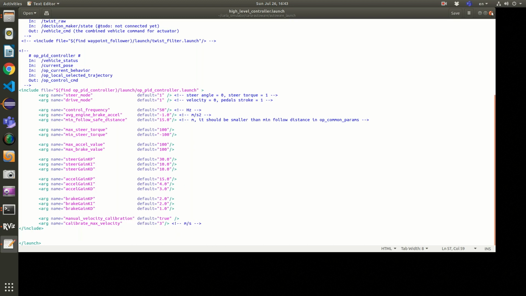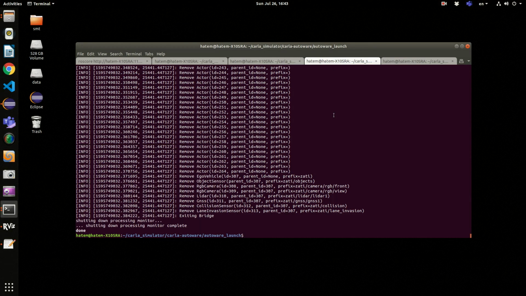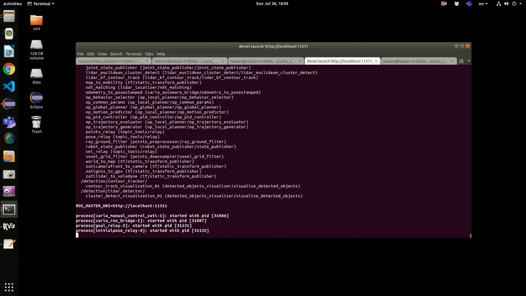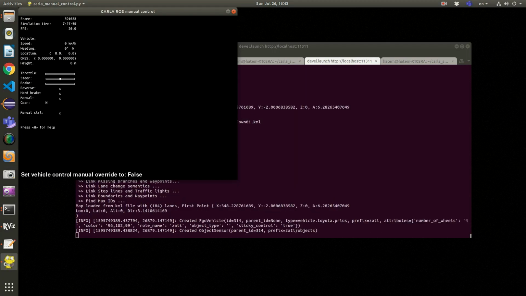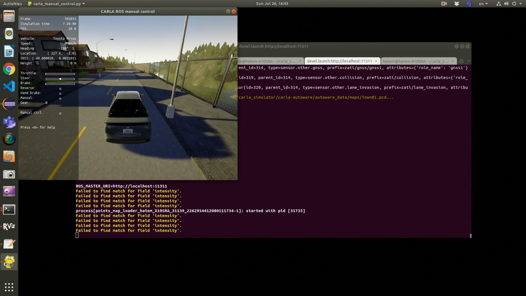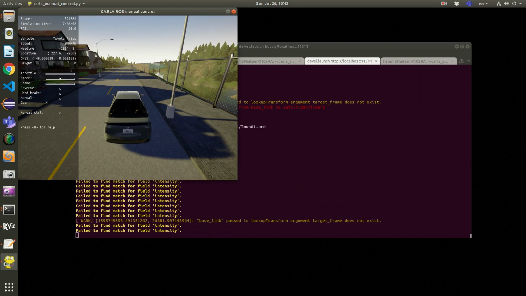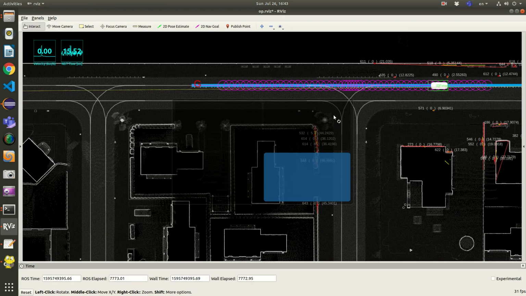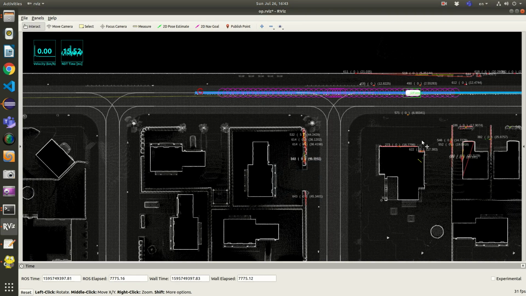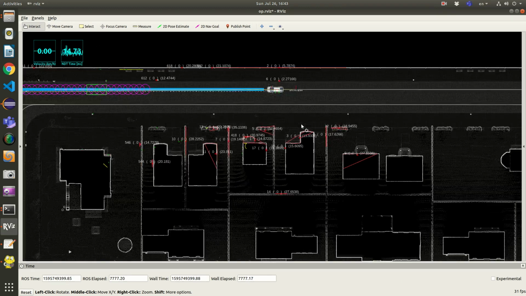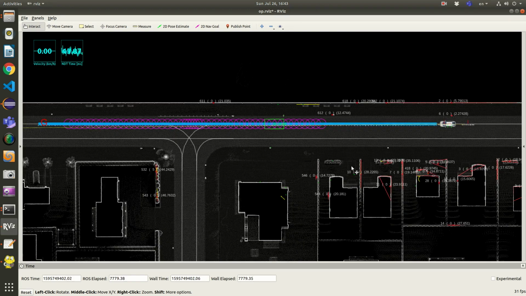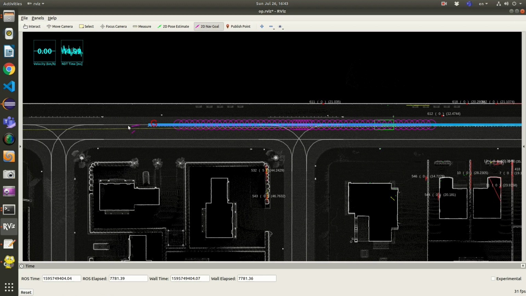So let's try this one, save, and run our experiment once more. Okay, we wait for localization. Okay, we have localization and we set the goal point.